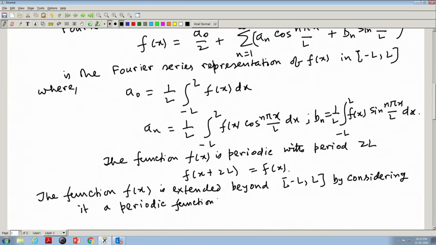Now, this minus L to L can be replaced by any other interval, say minus pi to pi or 0 to pi, by a simple transformation.